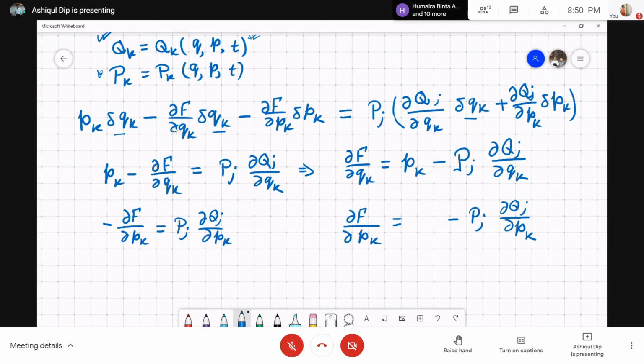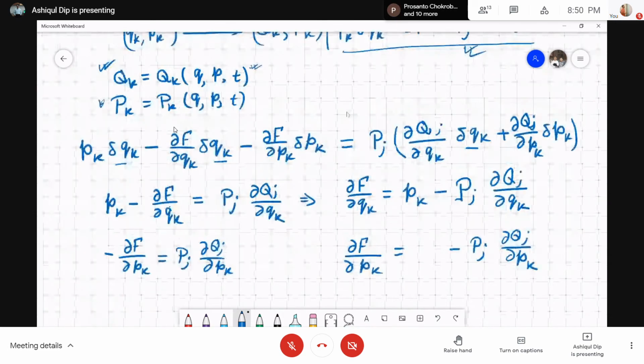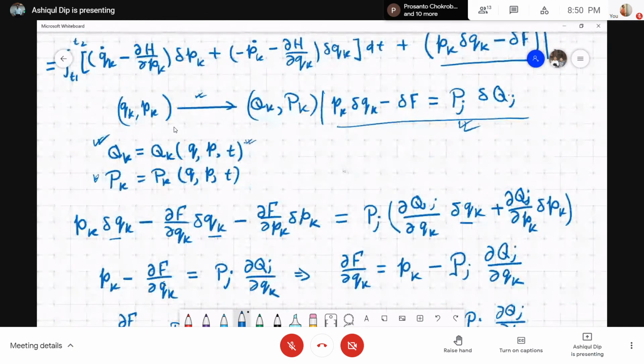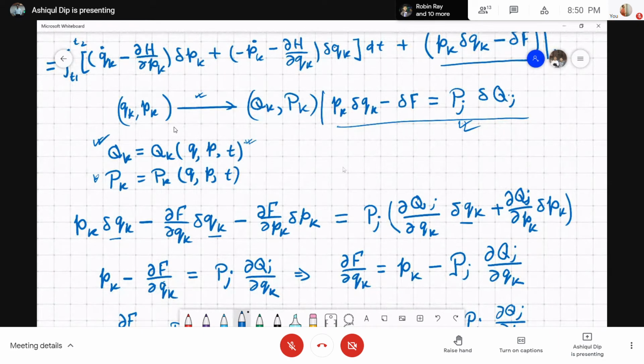So we want a transformation and also an f that satisfies these two relations, right? Then it will be fine. If we can find an f that satisfies this relation, then that's equivalent to saying that we are able to find a P, Q that transforms this p_k variation q_k minus variation f into just a whole thing like P_j variation Q_j.